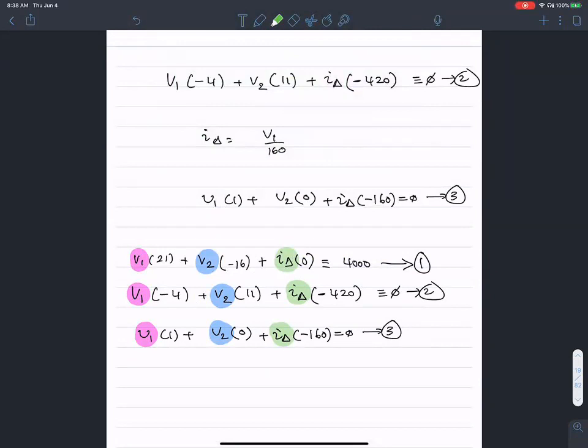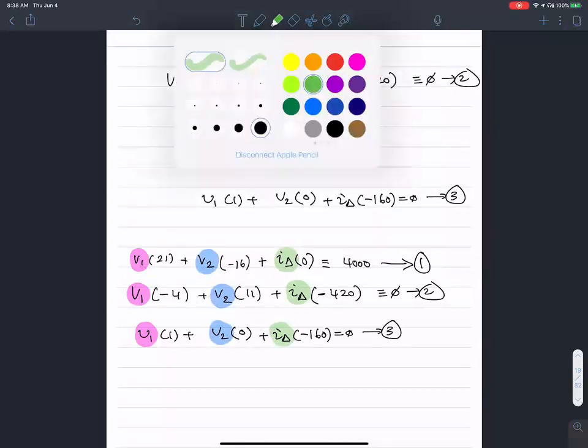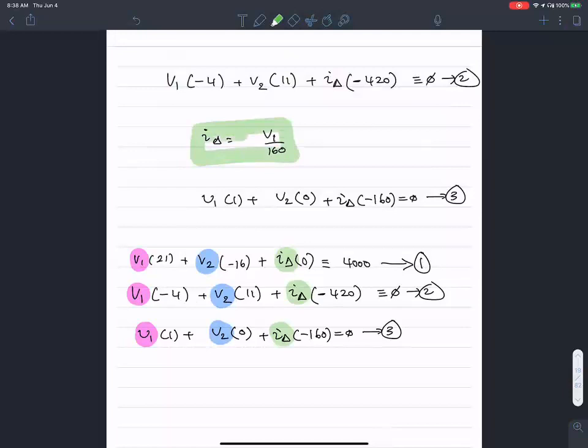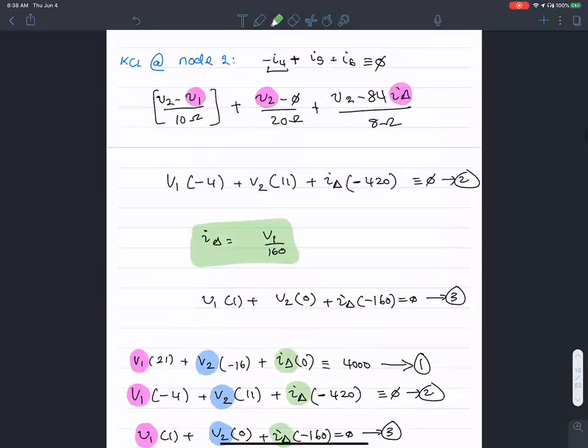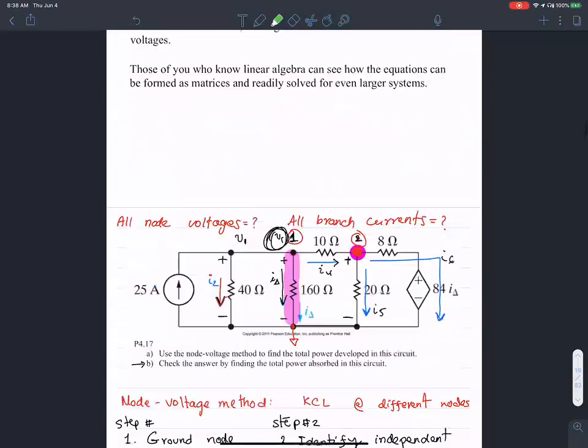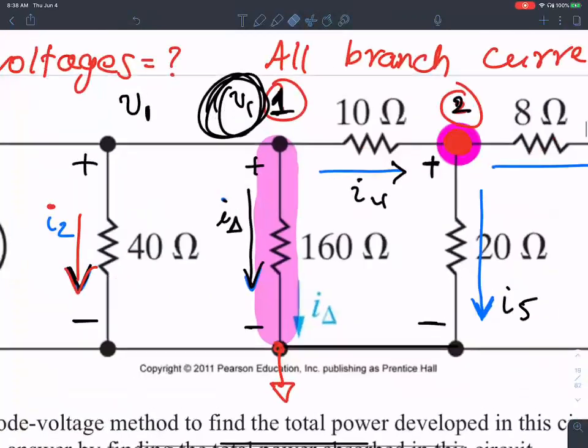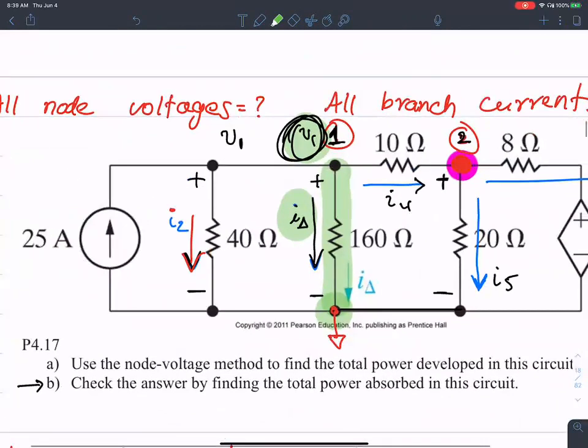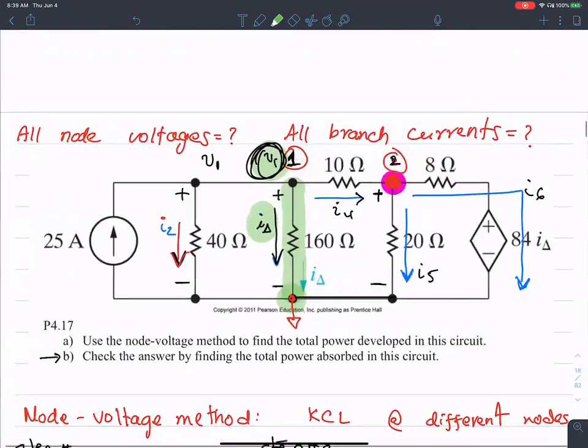Sir, I'm sorry. I looked away for half a second. Where did the third equation come from? The third equation came from this guy. From the observation that I delta is V1 minus 0 volts over the 160 ohm resistance. So it's an application of Ohm's law across the 160 ohm resistance.